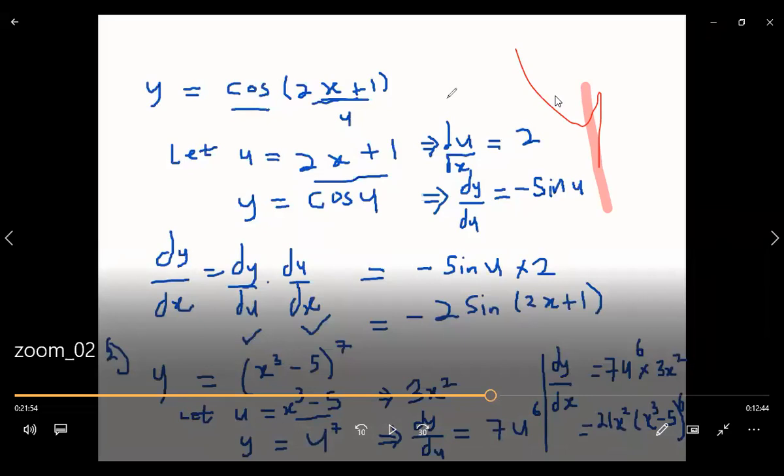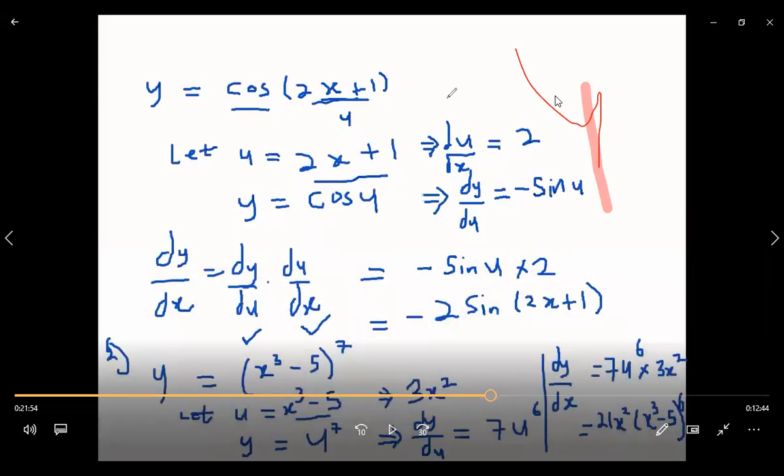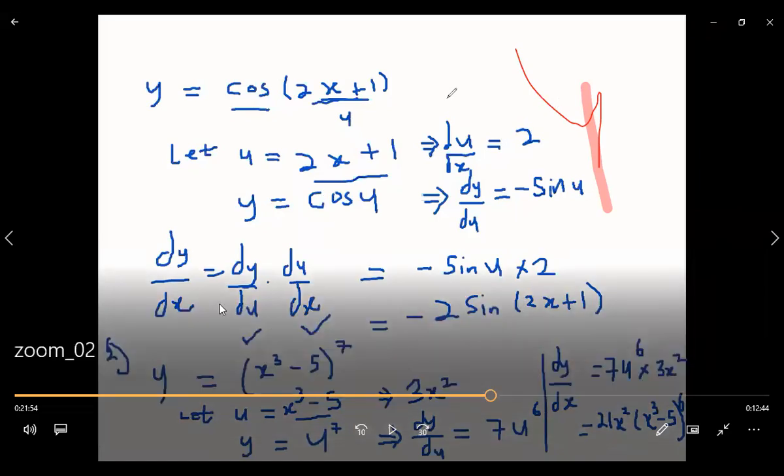Okay, so the x raised to the power 3 minus 5 into bracket 6. Is it with the question itself, bringing the question as a whole, placing it into the final answer? No. This is also a compound function on its own.